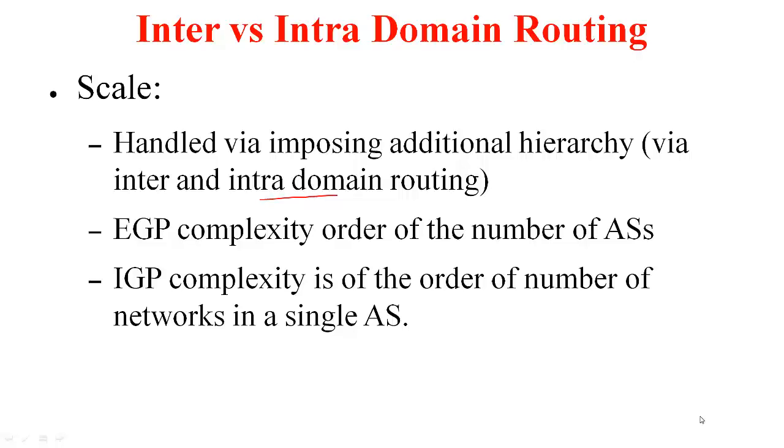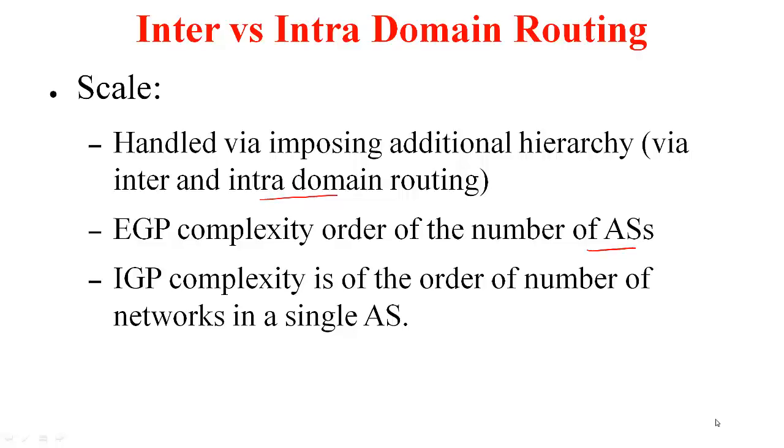Now the complexity of the exterior gateway protocol, which employs path vector, is roughly of the order of the number of autonomous systems. There will only be a few border gateway routers per autonomous system, and the number of autonomous systems themselves is not going to be that many. So this complexity is also easily handled.